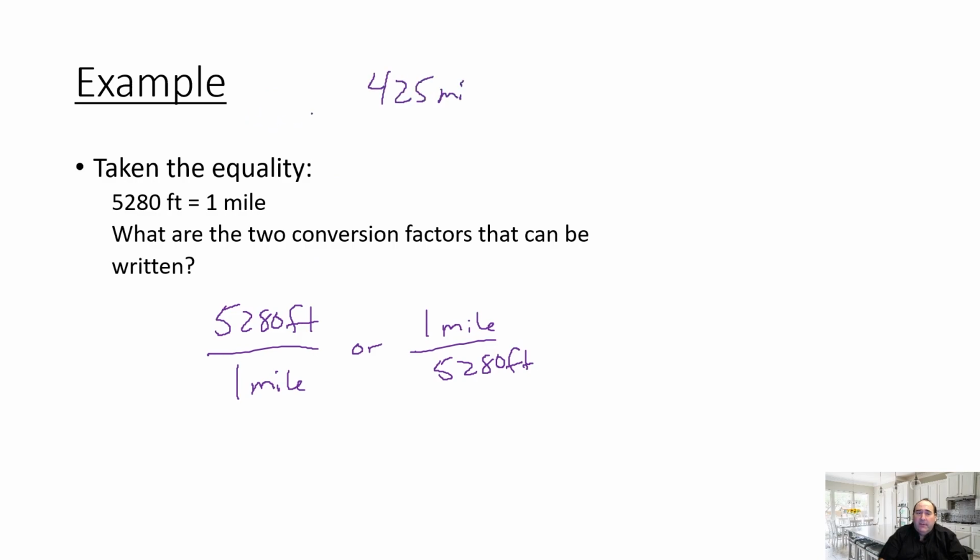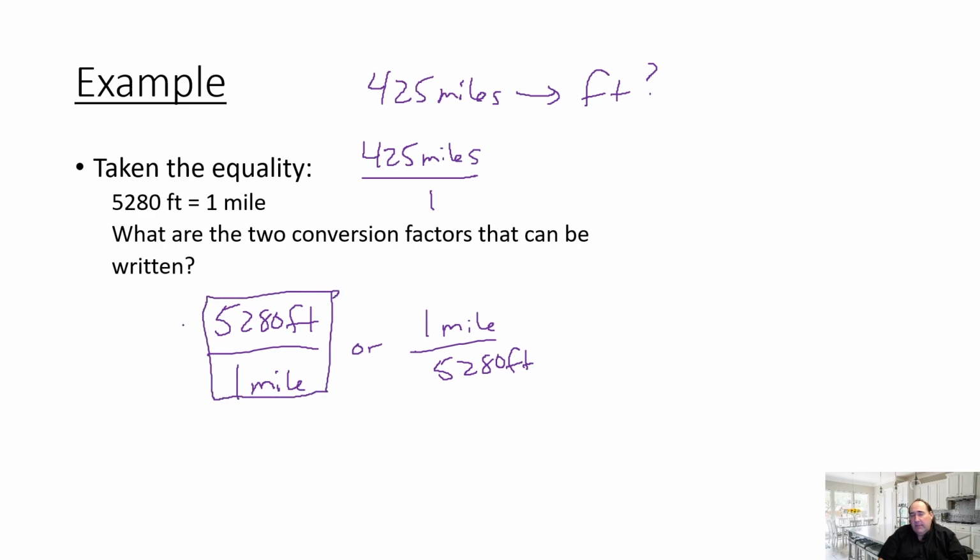425 miles, and I want to know how many feet that was, I would again start with my 425 miles. Once again, not written as a fraction, but basically miles are up on top. So remember, opposites cancel. So we're going to look for this guy, and we will go with 1 mile on the bottom and 5,280 feet up on top.